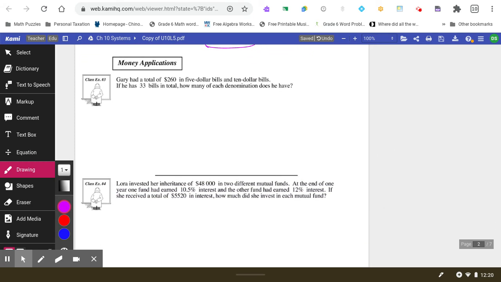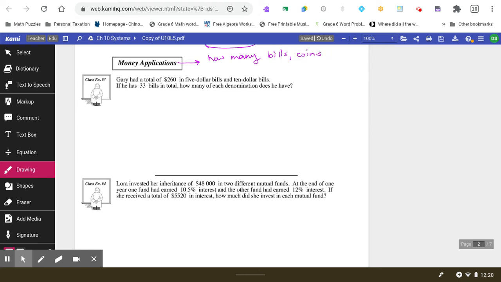Okay, money applications. Here we go. Gary had a total of $260 in $5 bills and $10 bills. If he has 33 bills in total, how many of each denomination does he have? Money applications always have 2 equations, and here's what they're about. One is about how many bills you have, or coins or whatever.